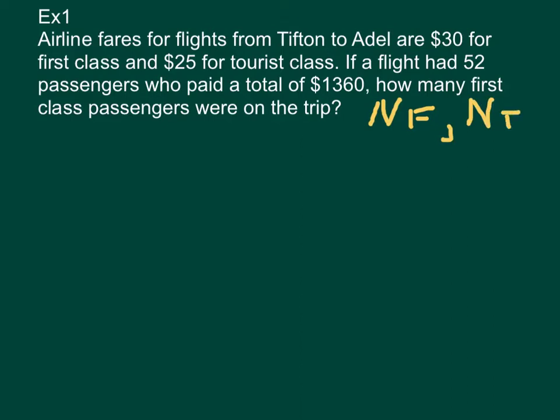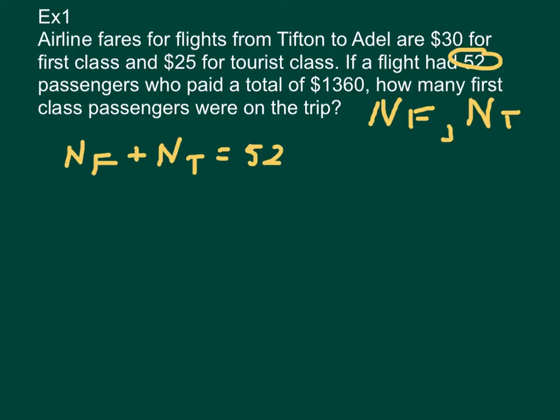So let's use those variables and let's see what we can come up with now. First of all, we know that the flight had a total of 52 passengers. So we know that the number of first class passengers plus the number of tourist class passengers total 52. So that's one equation I've got.